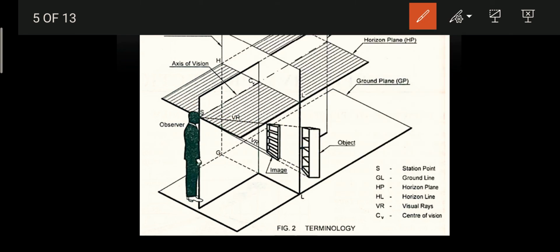Next one is ground line. Ground line is a line on ground level.